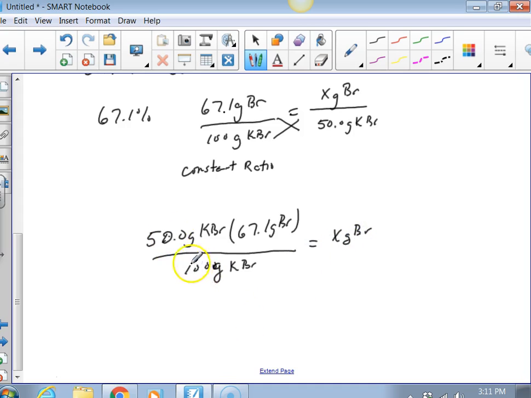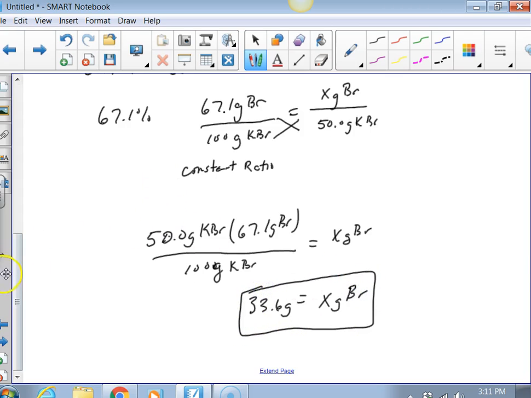50 per 100 is 1/2, so it would be 1/2 of 67.1. 0.5 times 67.1 is 33.6 X grams of bromine.